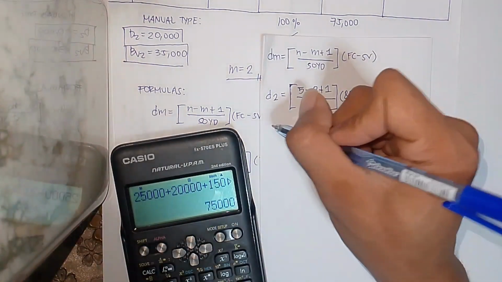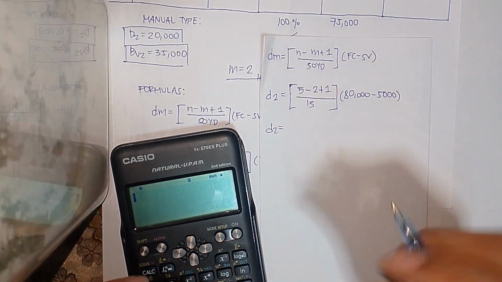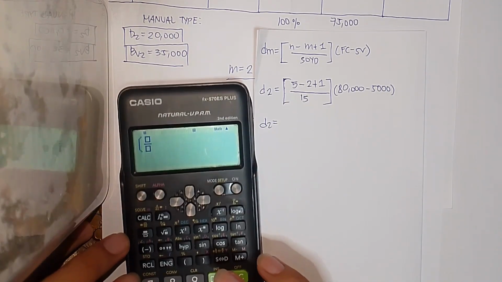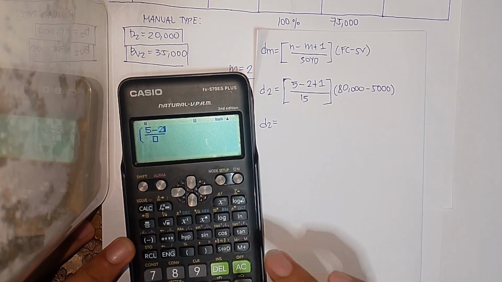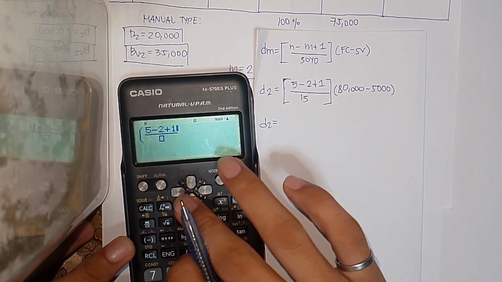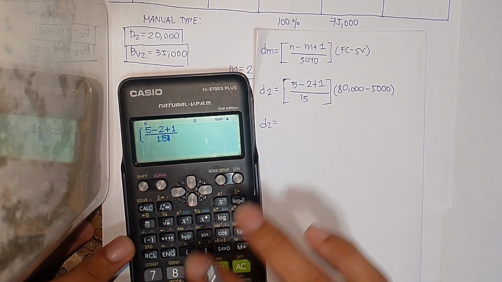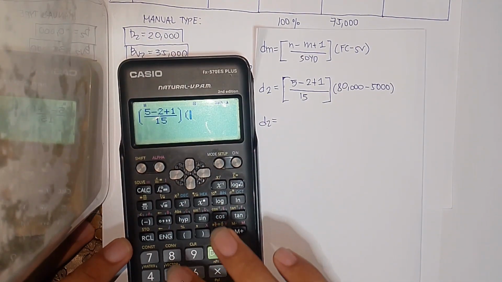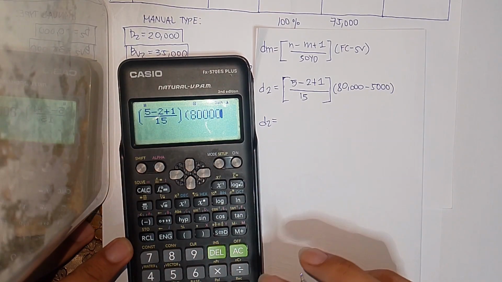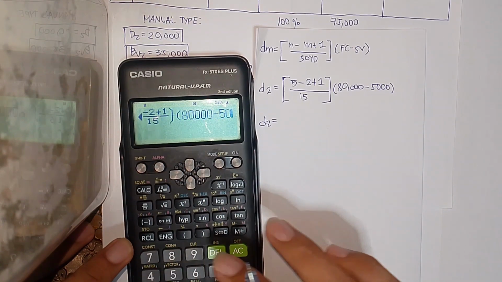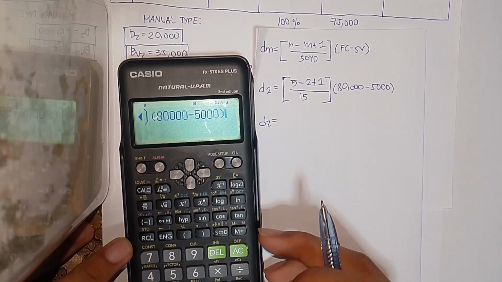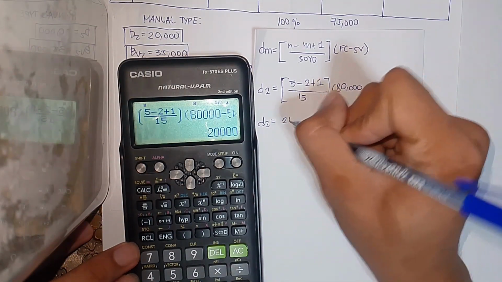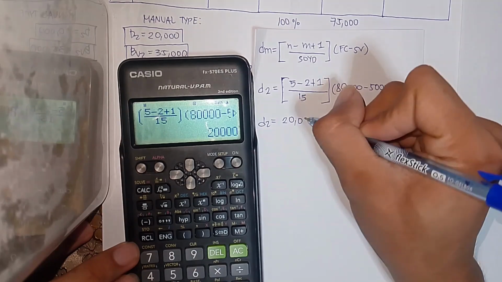Compute. 5 minus 2 plus 1 over 15 times 80,000 minus 5,000 is equal to D2 is equal to 20,000.